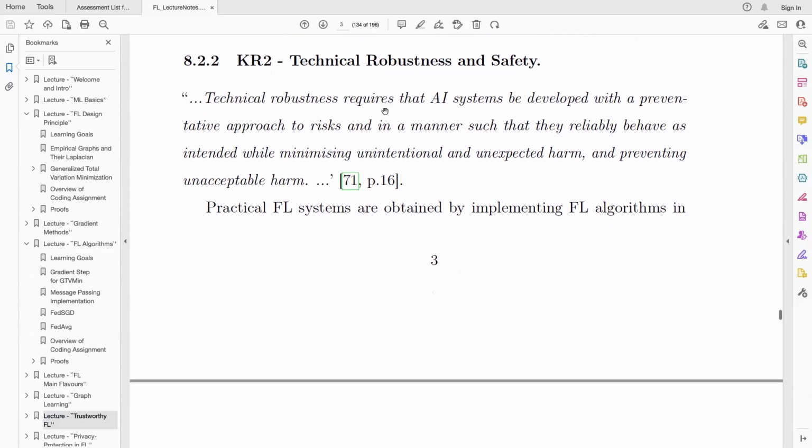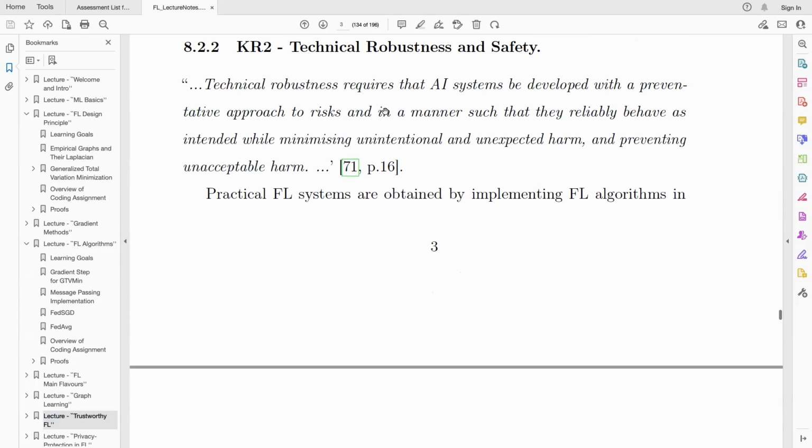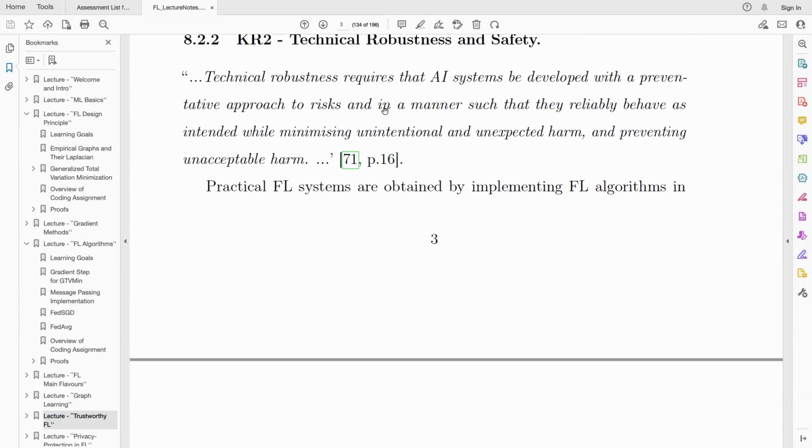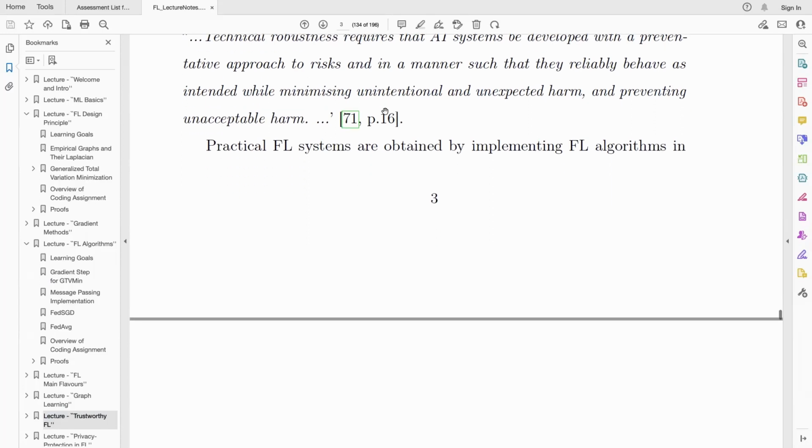AI systems, and in particular federated learning systems, should be developed with a preventative approach to risks and in a manner such that they reliably behave as intended while minimizing unintentional and unexpected harm. For example, if the data distribution changes or someone fiddles around with the new data points that come in, some cyber attackers change the data.